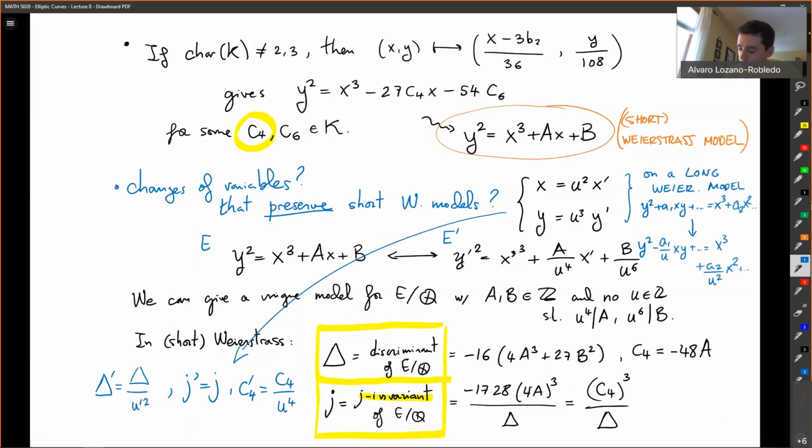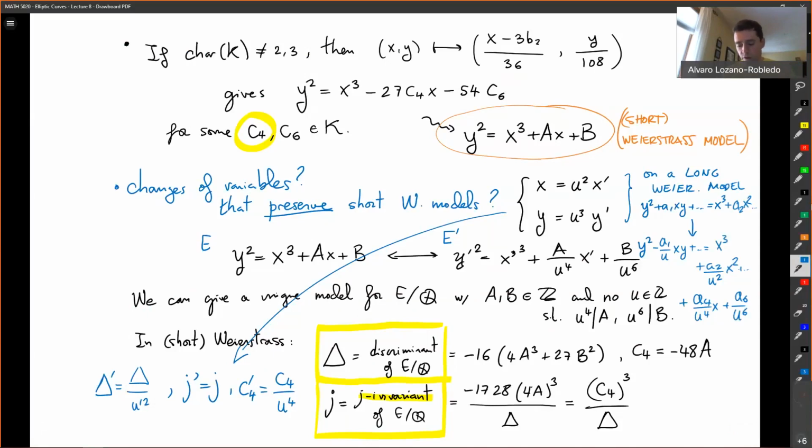So it turns out that this goes to, say, a4 divided by u to the 4 x plus a6 divided by u to the 6. Okay, so those subindices help you remember what the change of variable does. There are other explanations of why these numbers are labeled the way they are, but that is one way to explain the numbering.